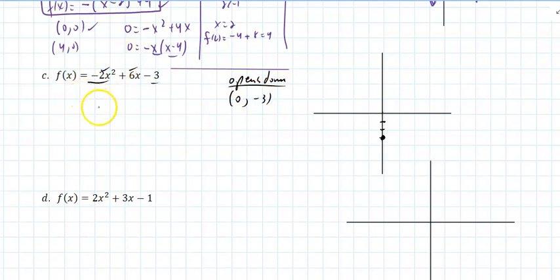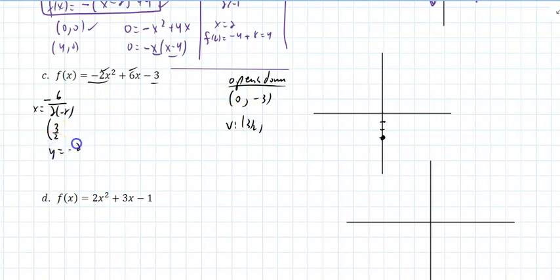Now, I want to figure out what the vertex is. The vertex, I'm going to take negative b over 2a, negative 6 over 2 times a is a negative 2. That's the x-coordinate. That is 3/2. So the vertex is at 3/2, and let's see, what does y equal?